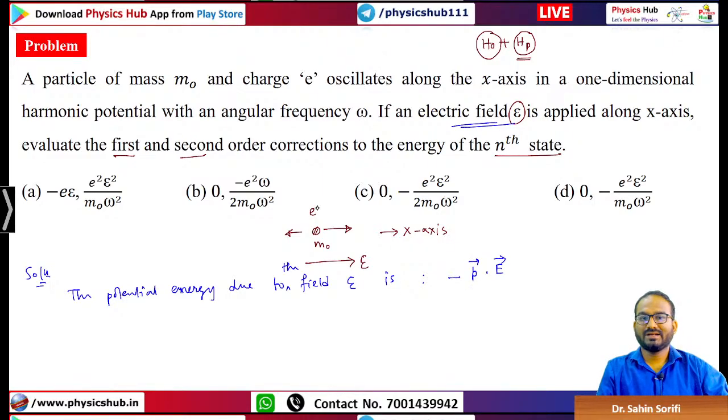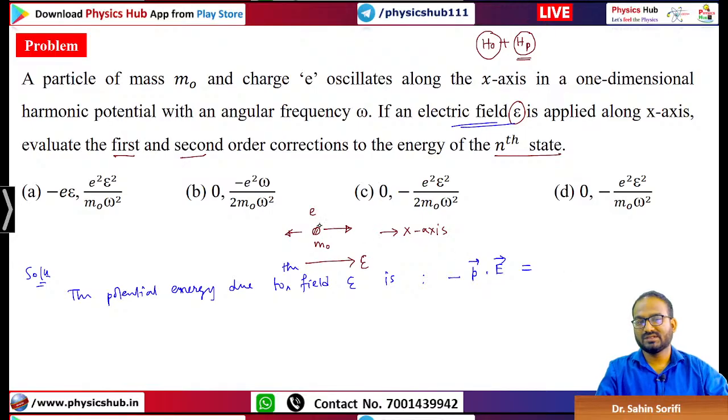Because the charge e oscillating under this harmonic potential will behave like a dipole. So minus p dot E, this will be the formula. Dipole moment is charge times displacement.